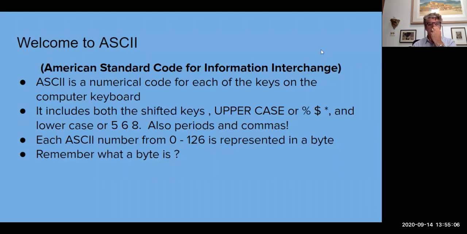It includes the shifted keys, uppercase, percentage, dollar, asterisk, and lowercase. It also includes periods and commas, exclamation point. Each ASCII number from 0 to 126 is represented in a byte.